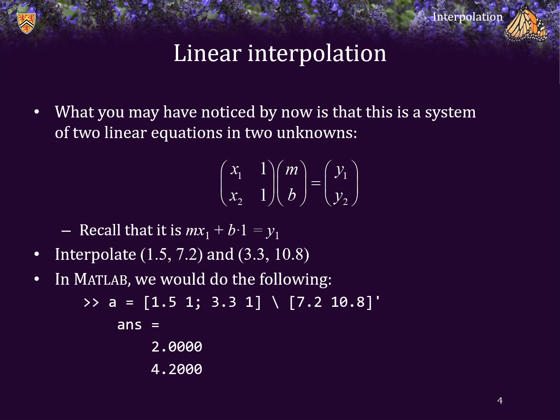Now remember, the first column is associated with the slope m. The second column is associated with the constant b. So the first answer in the solution is m equals 2. The second one is b is equal to 4.2. Thus, the interpolating straight line is y is equal to 2x plus 4.2.